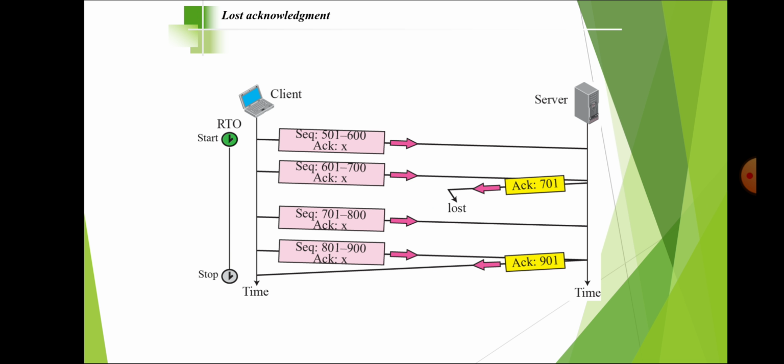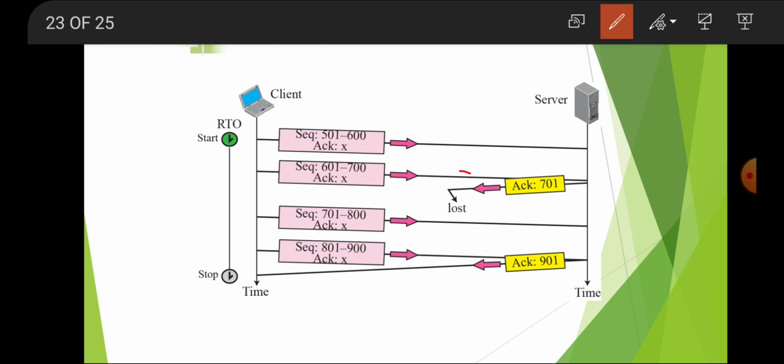Now the loss of acknowledgement. Sometimes not only the data is lost, sometimes the acknowledgement is also lost from the receiver to the sender. So you can see here he is sending the data and here the acknowledgement is lost. The receiver has received packets 601 to 700, but while sending the acknowledgement, it gets lost in the network in between.